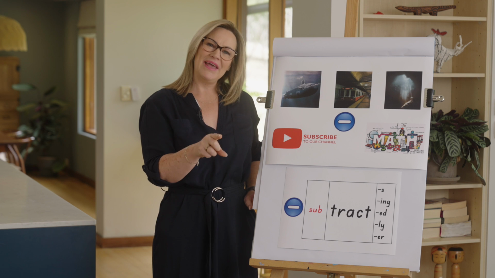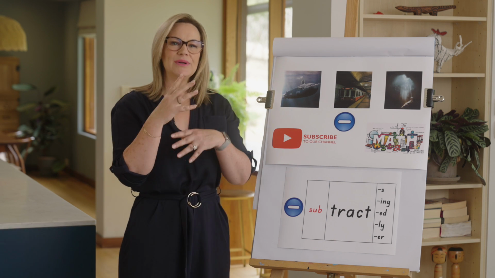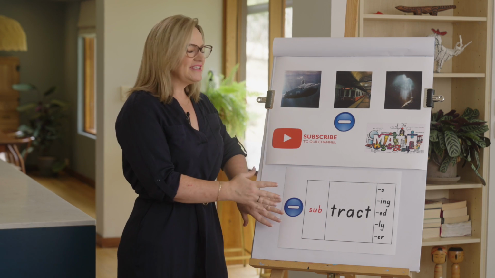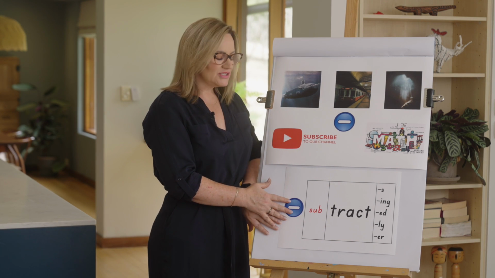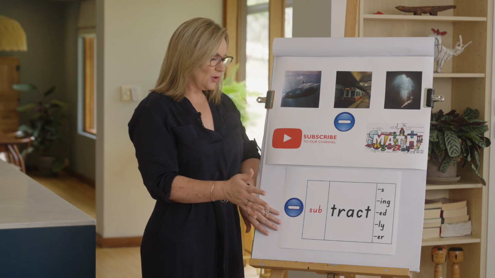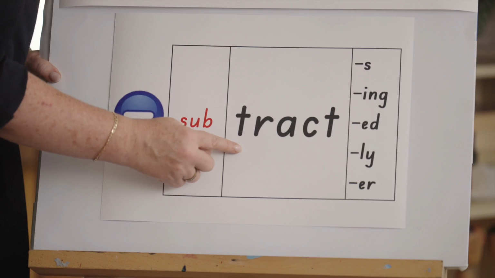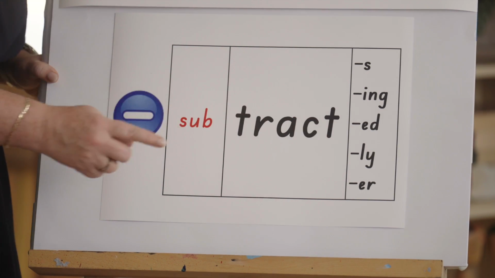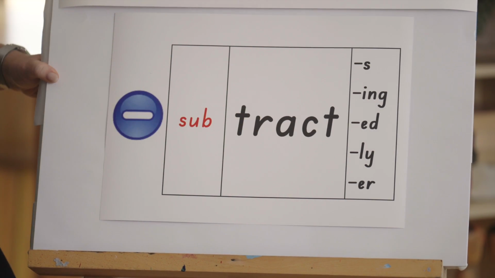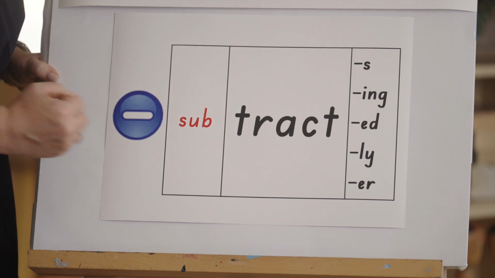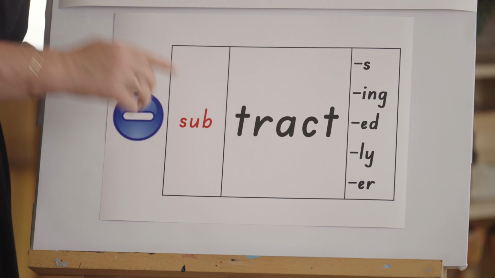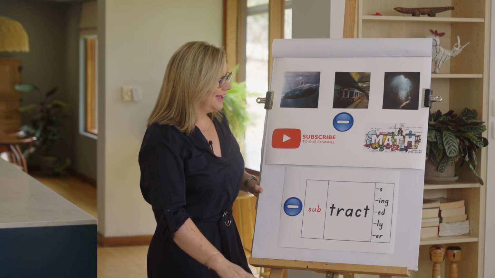Now have a pen and paper ready because I would like you now to do some word building. We've done this each week, so you know what to do here. We have our root in the middle here. Our root is tract. Now, tract means draw or pull from. Sub is our new prefix today. Sub means, did I hear you?